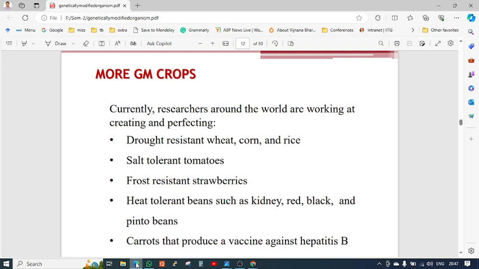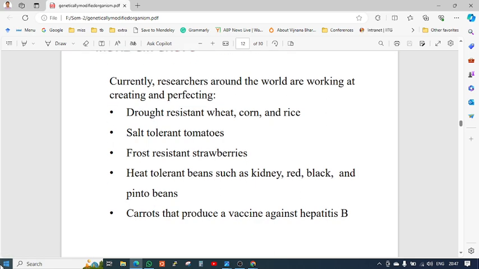Currently, researchers are also working on creating different types of improvements to GMO. Along with the advantages of GMO, there are certain deficiencies and disadvantages too. So, in order to improve the varieties, we are continuously working in the field of synthetic biology.